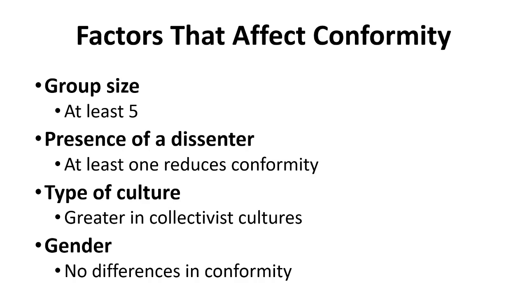Something else that affects conformity is the presence of a dissenter, basically having one other person who goes against what the whole group is saying. So if we have a group of 10 people, and you're going second last in that line experiment, and the first 7 people say that it's line 1, and you're starting to doubt yourself, if one other person says, no, it's line 2, all of a sudden you're relieved.